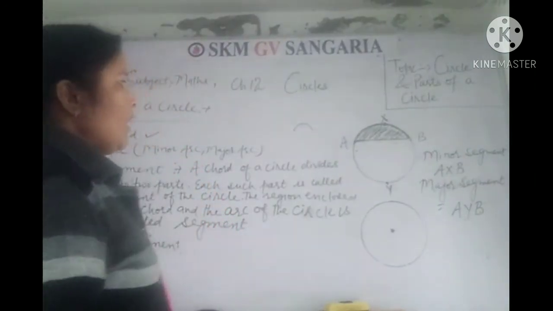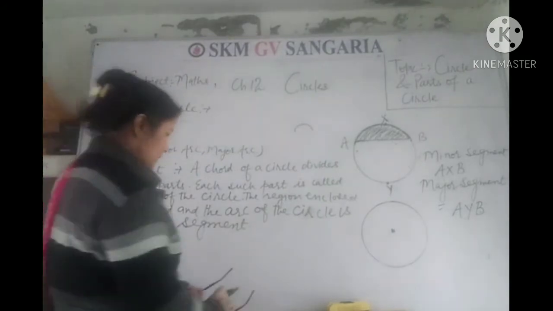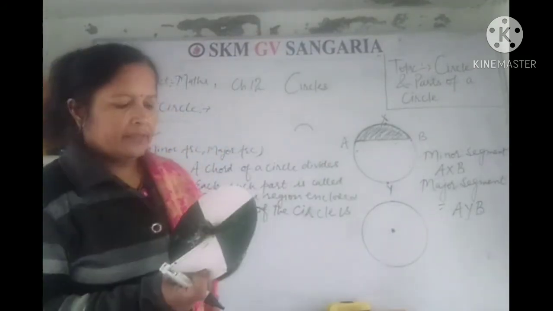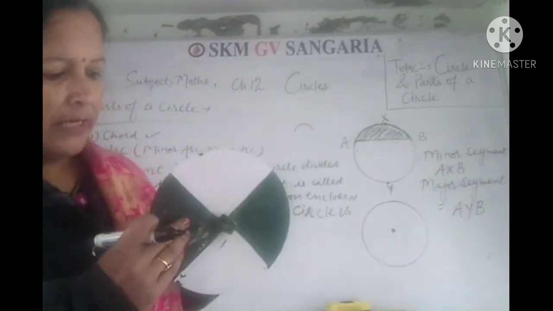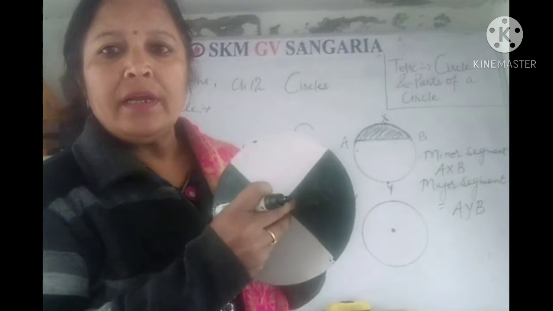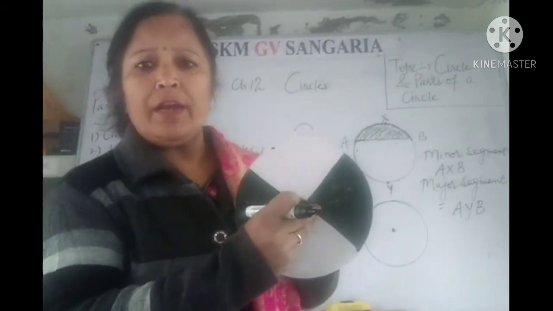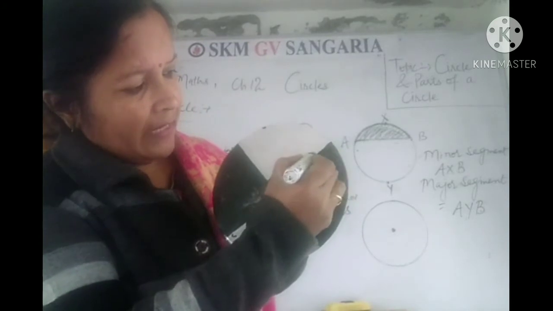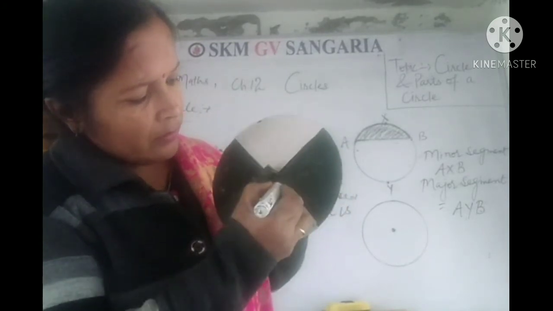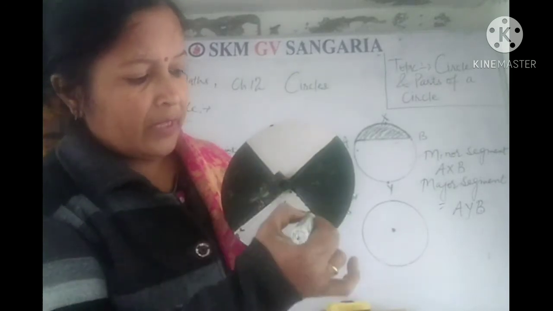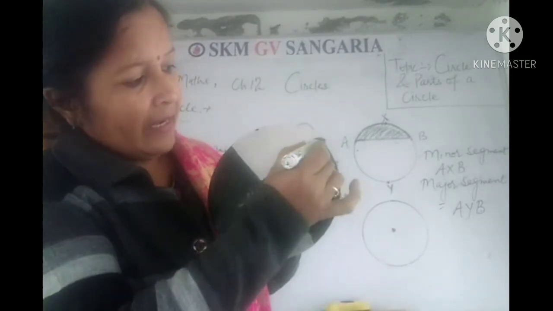Then about sector. And this is a circular object here. This is a circular object. So a sector can be defined by this: the area enclosed by two of the radii and an arc.